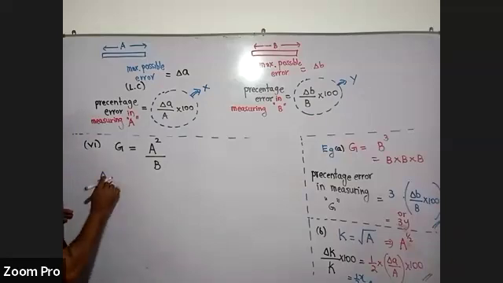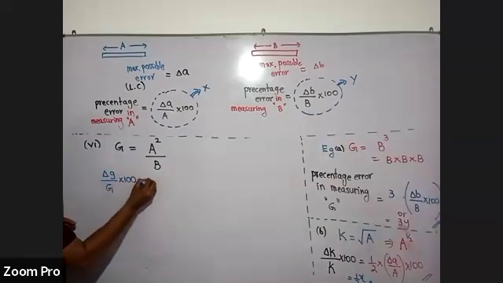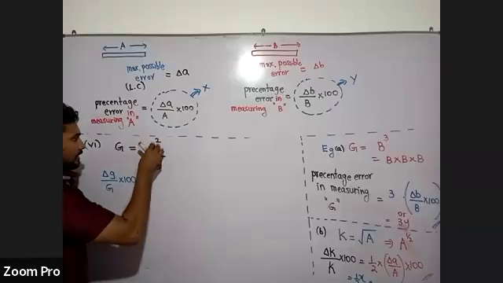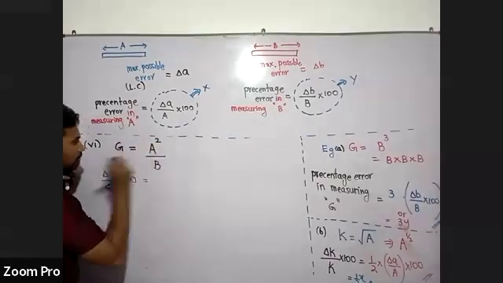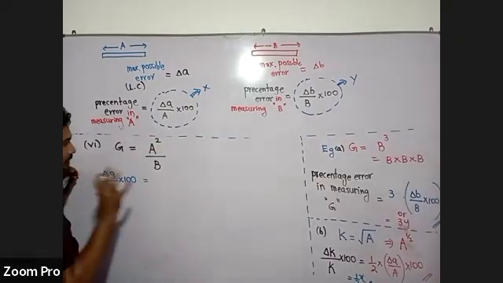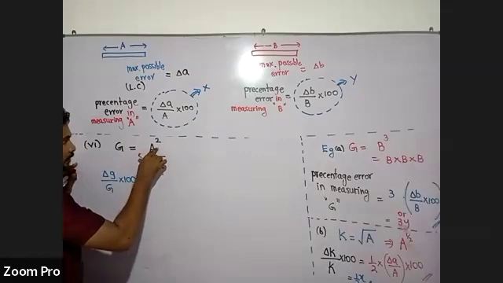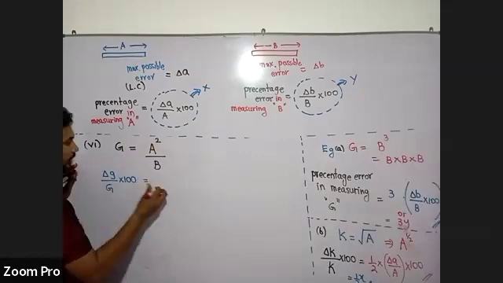And now I'm directly writing this percentage error of G as, this is the percentage error of G. So this can be obtained by, now here we have to consider A squared also B. So you know that now directly we can obtain the error which can have occurred during measuring A cubed.